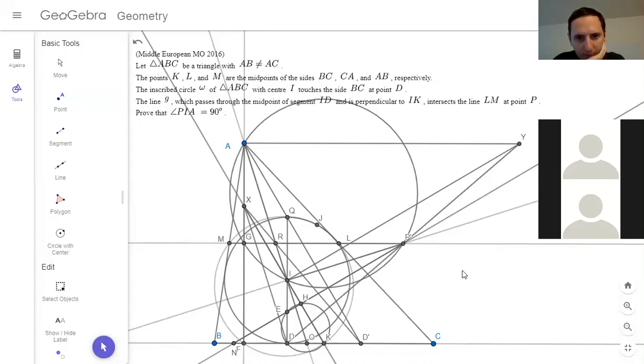So once we know YI is perpendicular to IK, how do we do it from there?